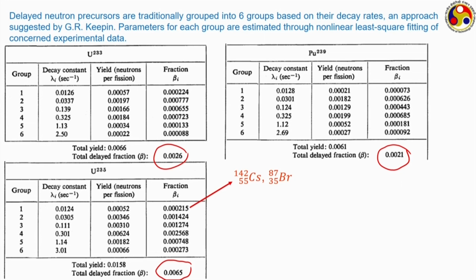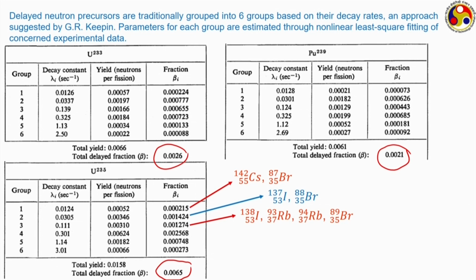These are some examples of the isotopes which can appear in different groups. The first group, which corresponds to the lowest decay constant and hence the largest half life, belongs to cesium 142, bromine 87, etc. The second one also deals with iodine 137 and bromine 88, and in the third case there can be several kinds of isotopes like iodine 138, rubidium 93, rubidium 94, and bromine 89.